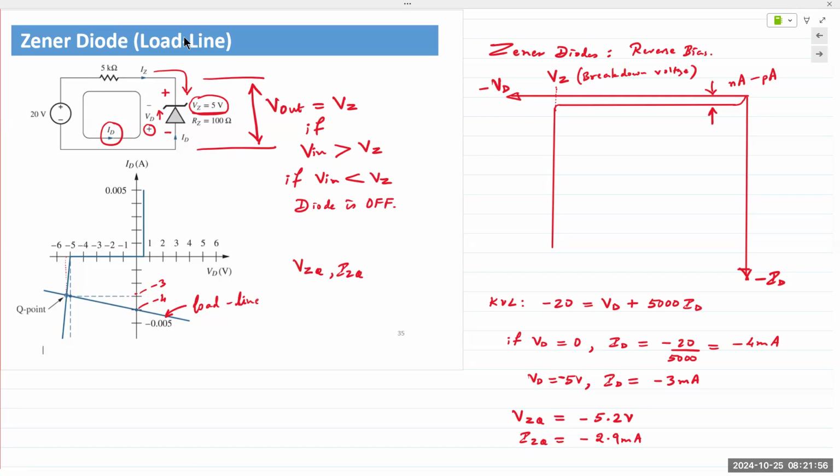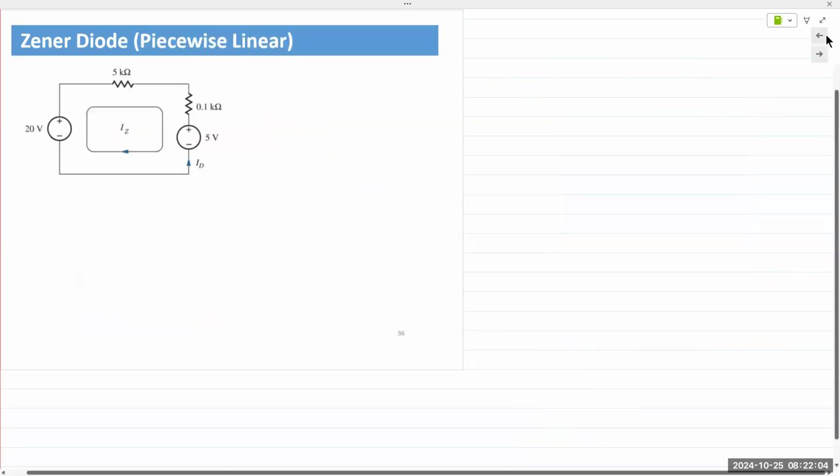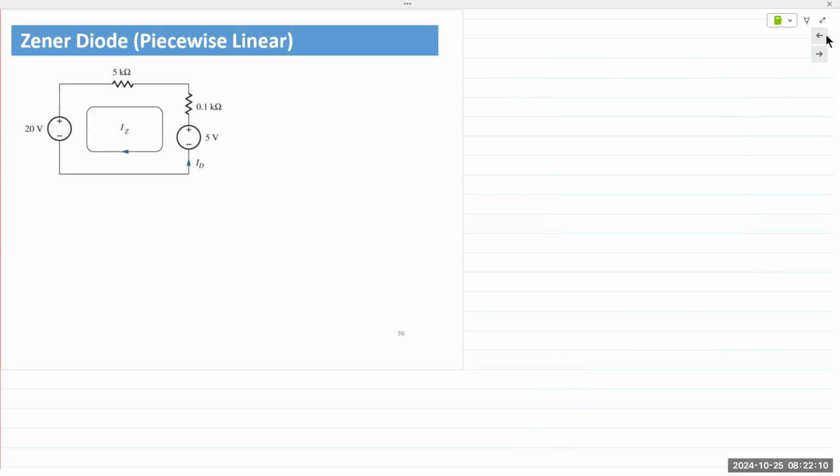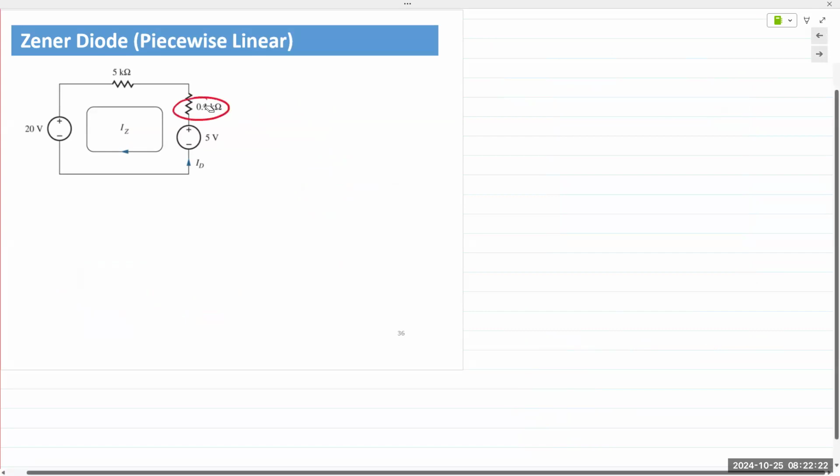Any questions? All good. Okay. So then let's analyze a circuit using the piecewise linear model. In the piecewise linear model, we portray the Zener diode as a voltage source because it is supplying a constant voltage, and because it will have some resistance to overcome, we model it as RZ.